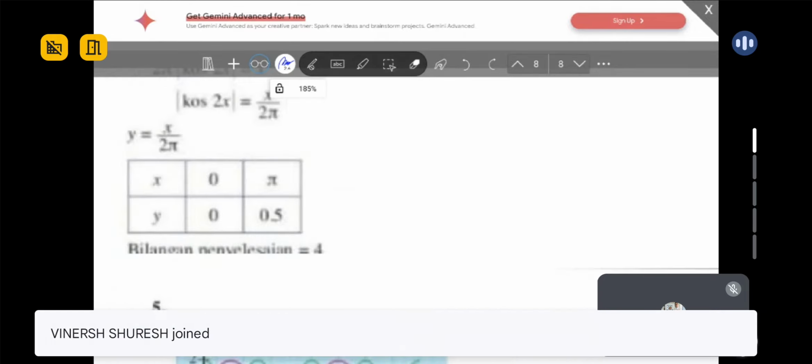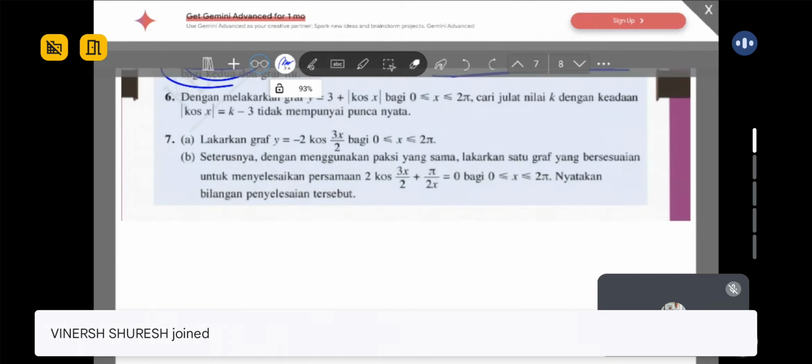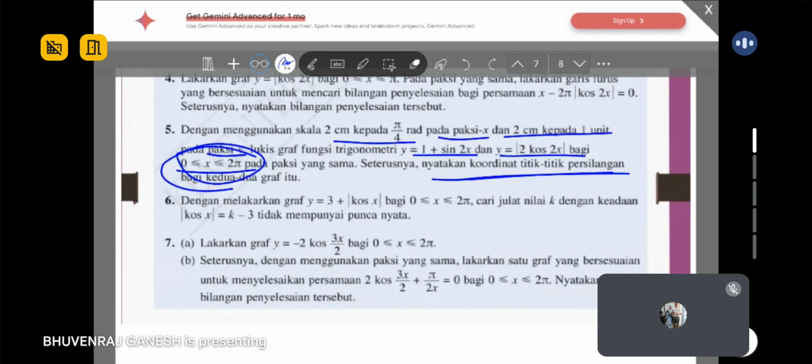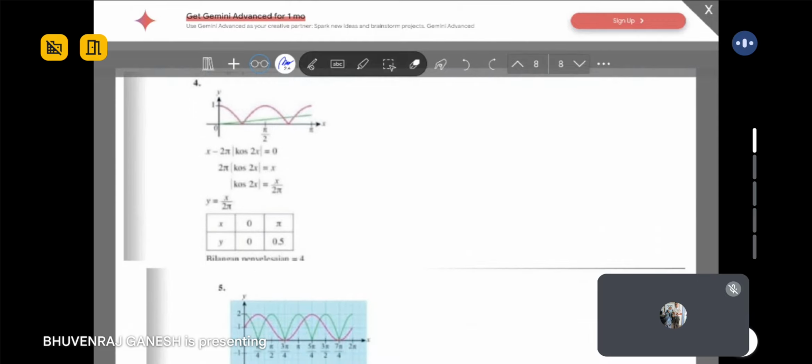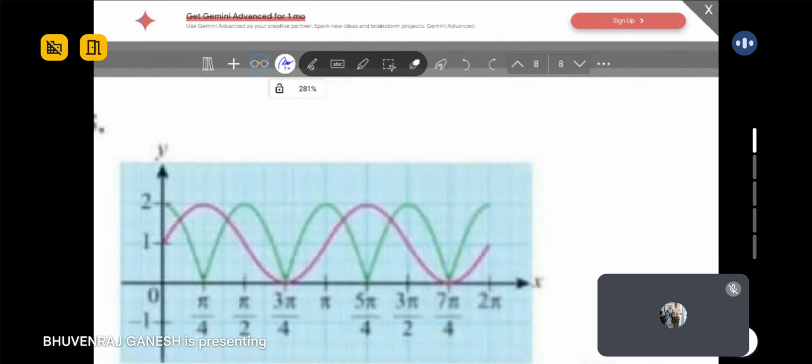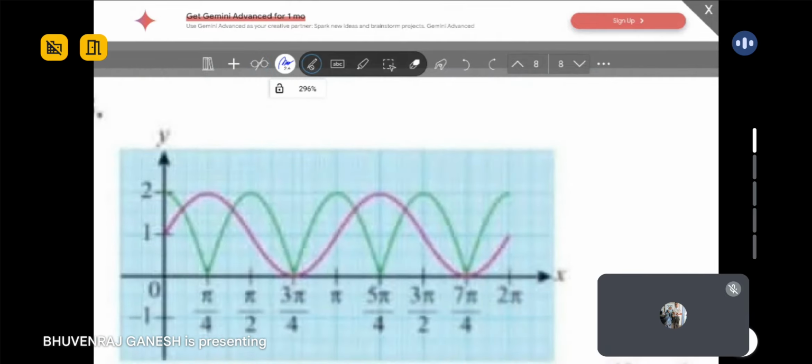Okay, you just start with the first graph, which is, let me see, y equal to 1 plus sine 2x. So you start with that graph. Okay, so 1 plus sine 2x, I think is this graph, if not mistaken. Yeah, is this one.